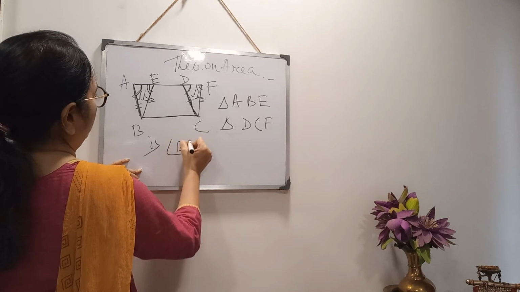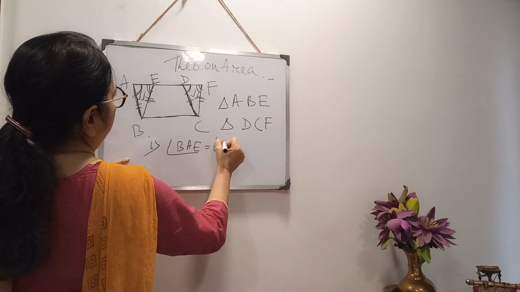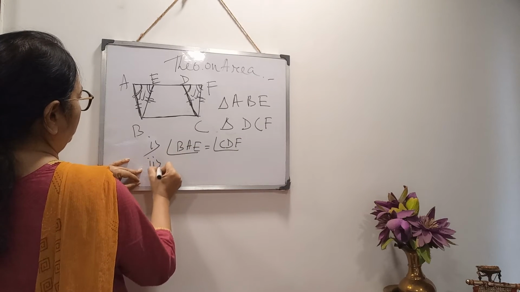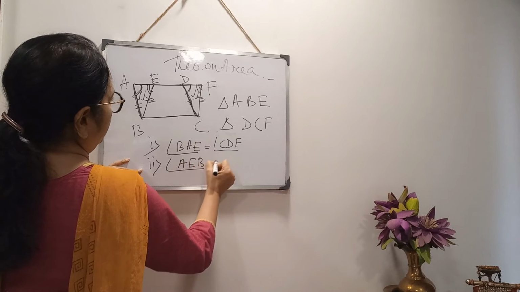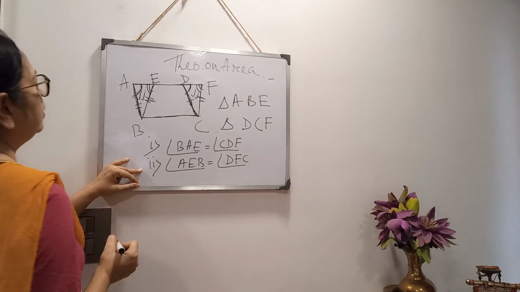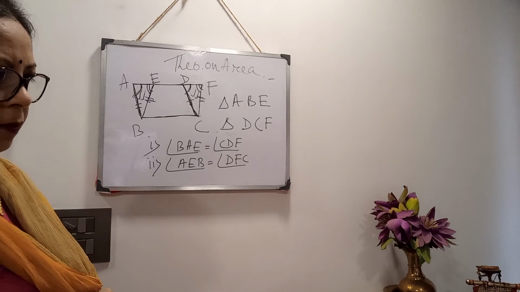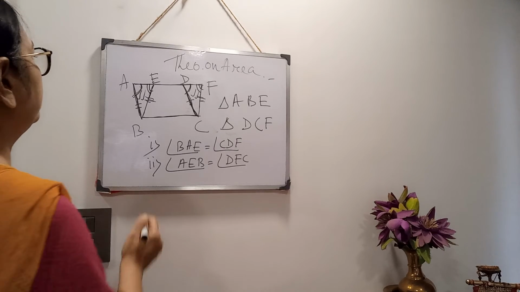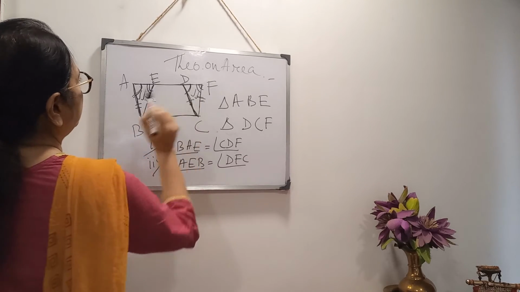Corresponding angles are equal: BAE equals CDF. Number two, AEB equals the corresponding angle DFC. Clear? These are my two triangles.